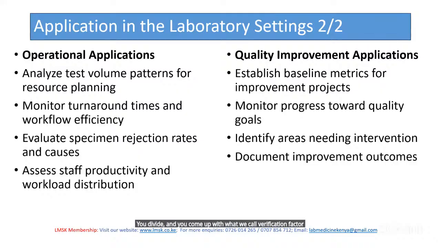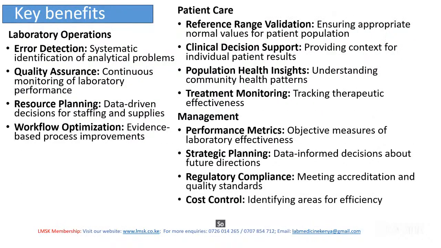Any verification factor that is less than 0.9, that is less than 90%, shows what we call over-reporting, while any figure that is over 1.1 shows under-reporting. That is something we can always do in our laboratory, just to ascertain what we record in KHIS, what we record in the lab, and what we record in the OPD. So I think these ones are just key benefits.